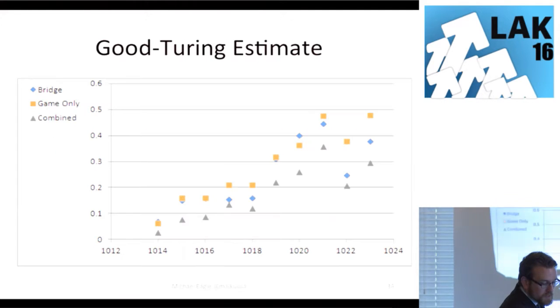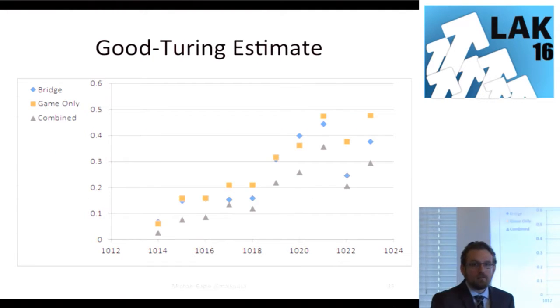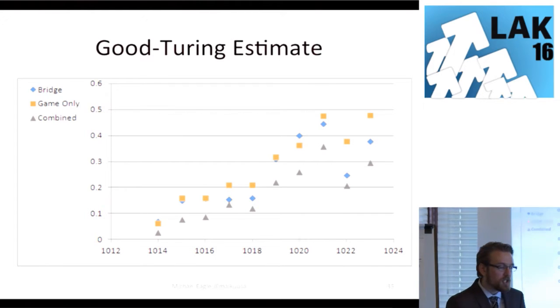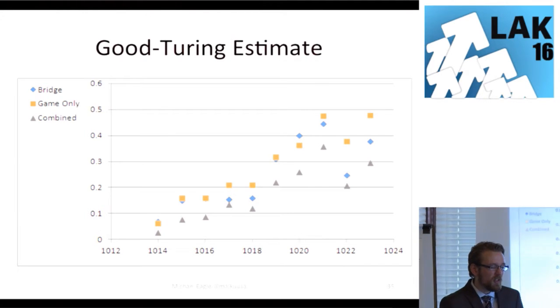Another thing that we did, and this is again based off of our network representation, is something that's based on the Good-Turing estimation. What we're doing here is essentially a measure of how often states overlap.